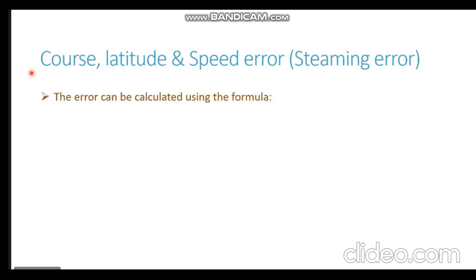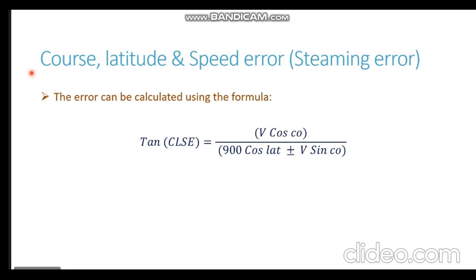Now let's go into the formula for the CLSE, the course latitude speed error or the steaming error. You can see the formula on the screen now. Tangent of CLSE, that is course latitude speed error, is equal to V cos course. V is the speed of the ship and course is the course which the ship is making good.